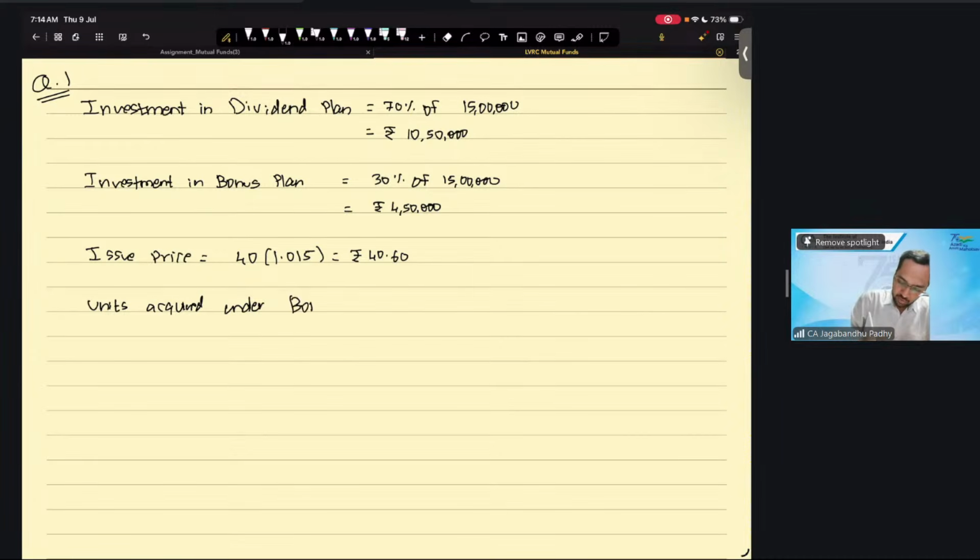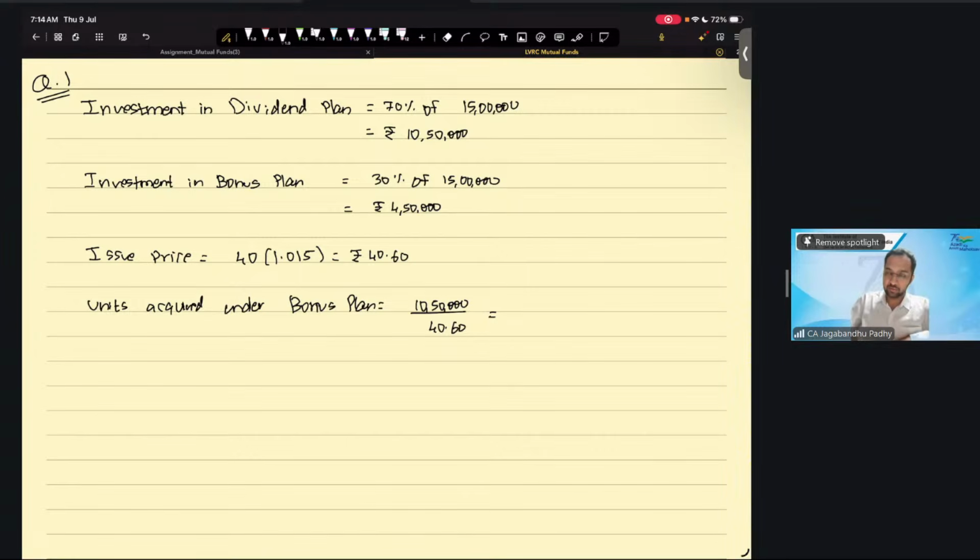How many units did we get under the plan? Simply 10,50,000 divided by 40.6.